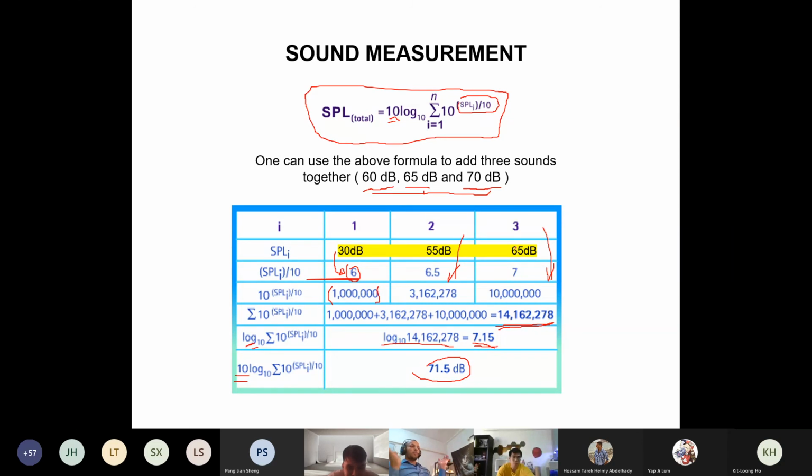And then when you combine the three sounds, multiplied by 10, yeah. 65.4, yes, should be okay. I didn't do the calculation, but it's logical. But the first one is not logical.